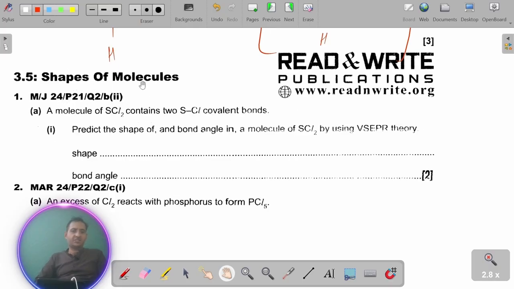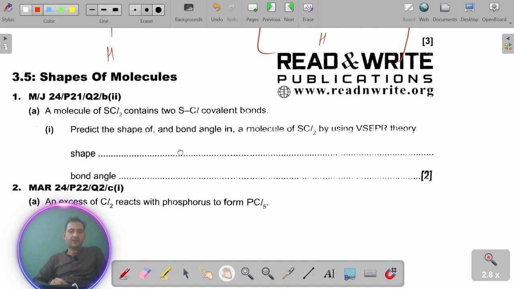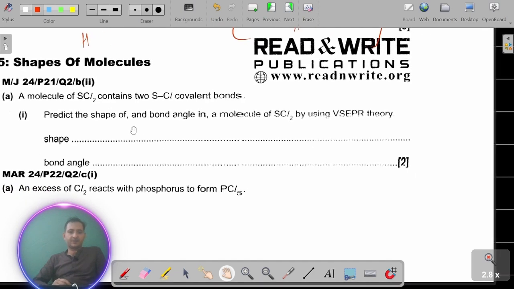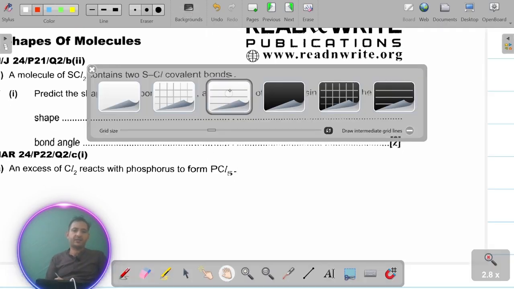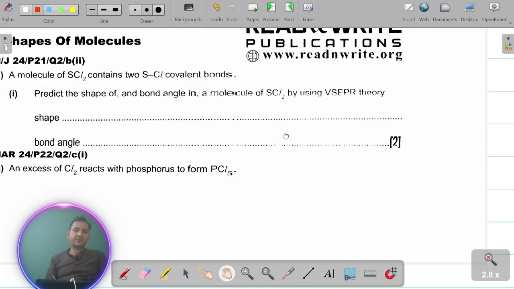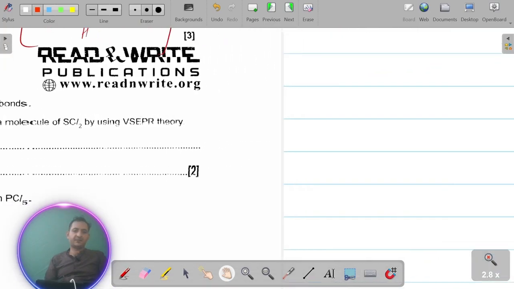May June 24, shapes of molecules. I think it is an important topic. A molecule of SCl2 contains Cl2 bonds. Predict the shape and bond angle of the SCl2 molecule using VSEPR theory.